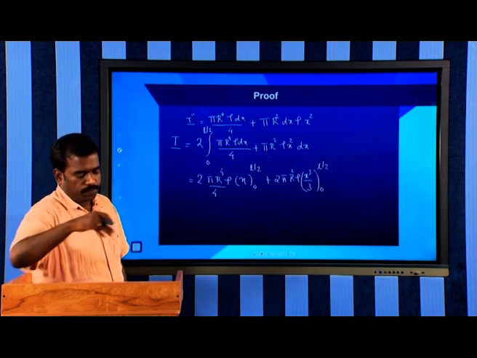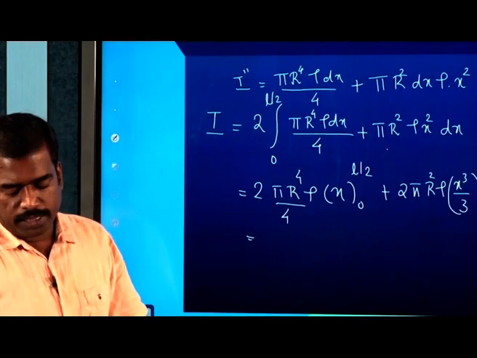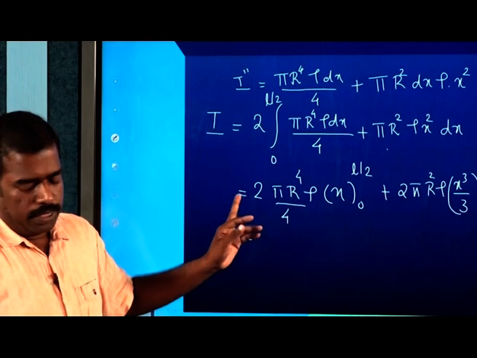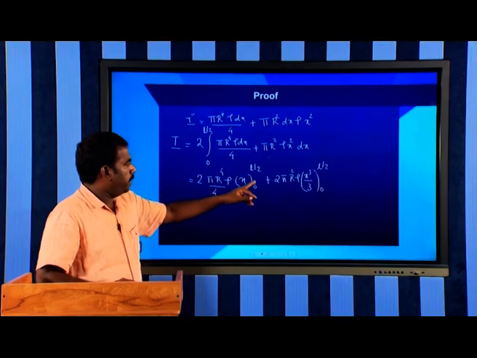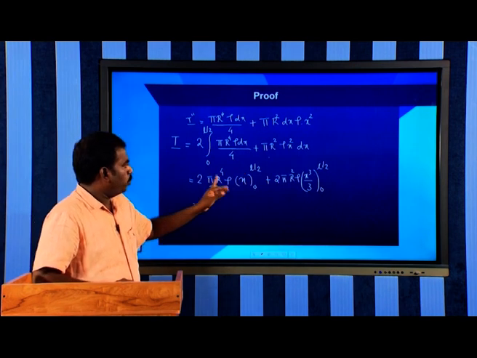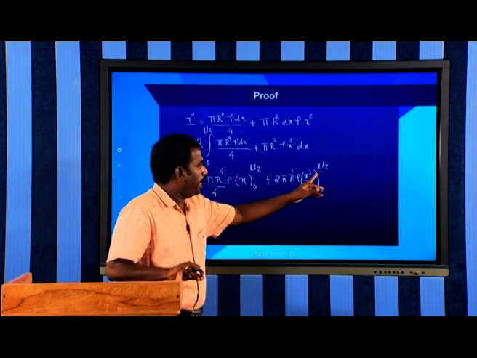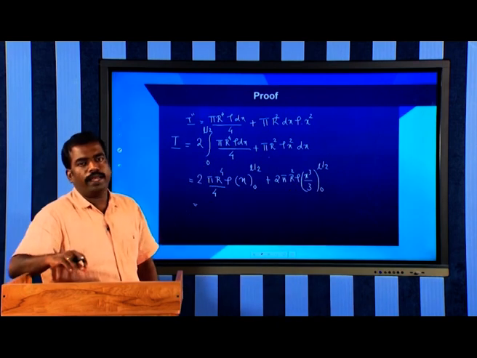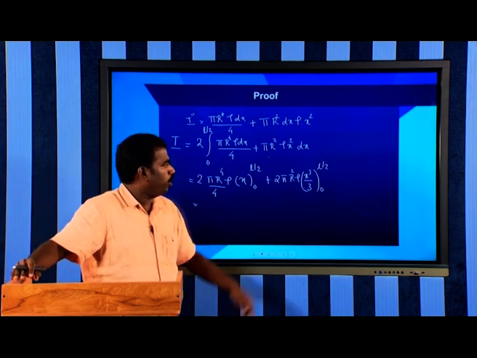So that you will get, 2 and 4 cancel out, and L by 2 is there. So again pi r raised to 4 by 2 into rho. Here L cube by 8 into 3, which is L cube by 24. 2 is there, so 1 by 12.